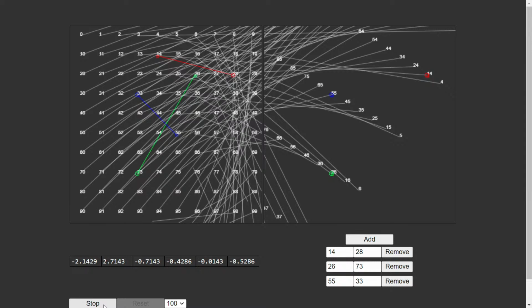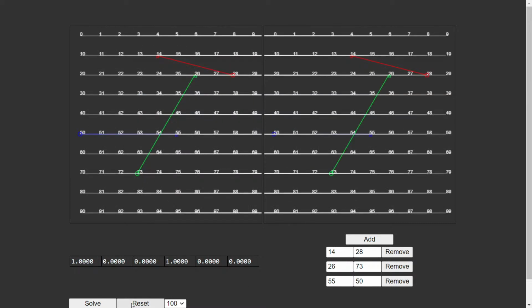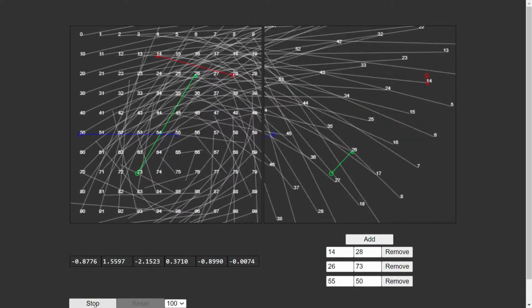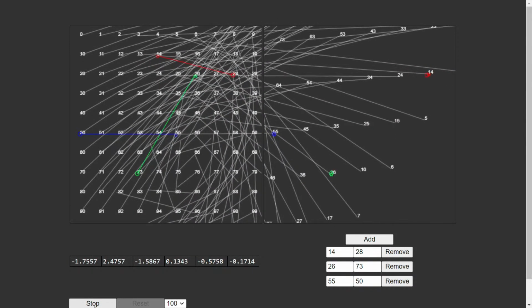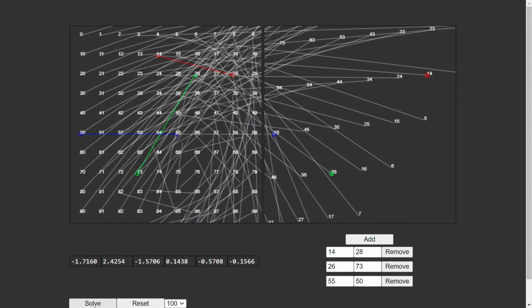That was a rough conjecture destruction. What if I make it further away? Let's say it has to go to 50. Reset, solve. Oh no. Wow. Just got completely humiliated.